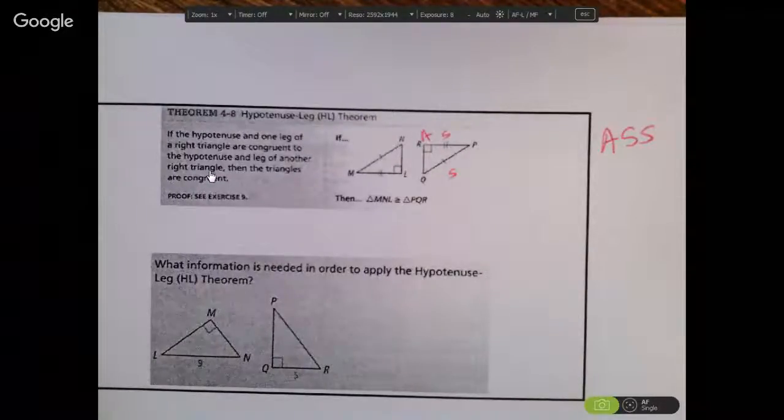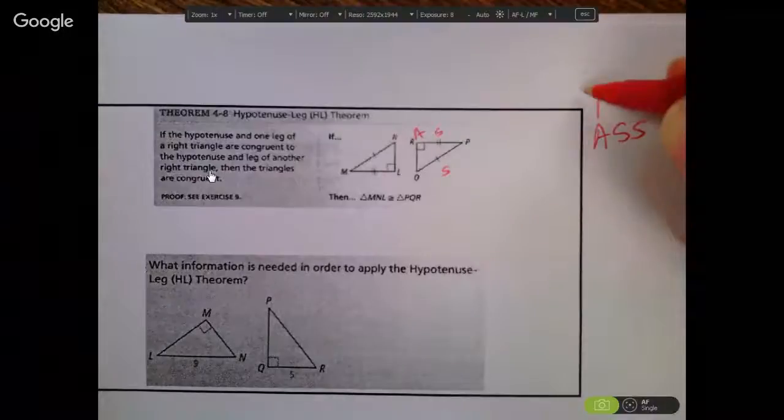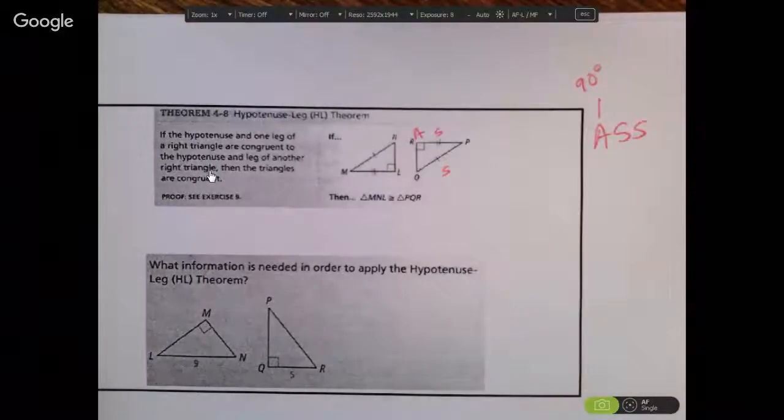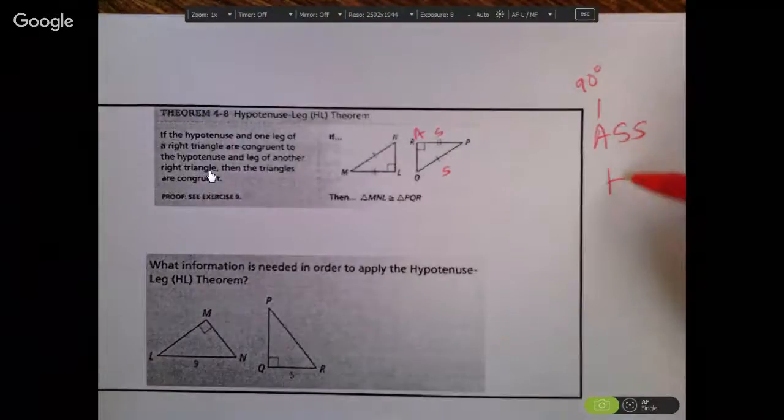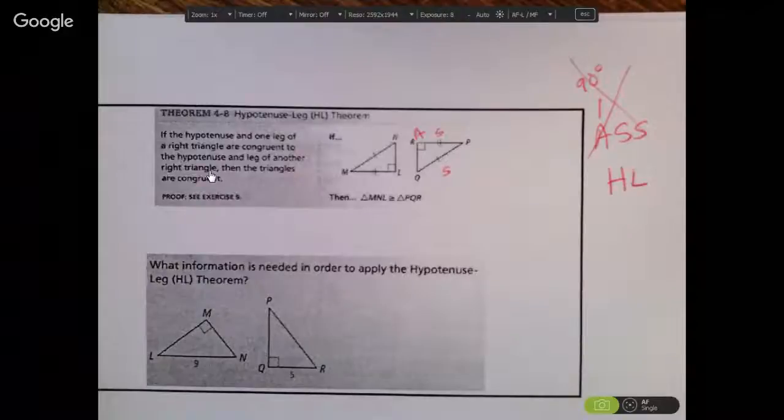The hypotenuse and the side. Unless the angle's what? 90 degrees. So if this is 90 degrees, then it works, but we don't call it angle side side. We call it HL. Even though that works, we call it HL.